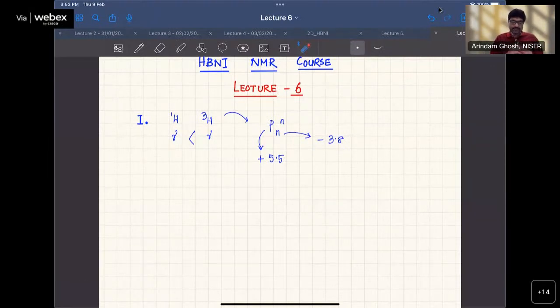Okay, second question, the same student asked. He was not sure what we mean by coherence, the concept of coherence, or how the RF, the radio frequency, is creating that.